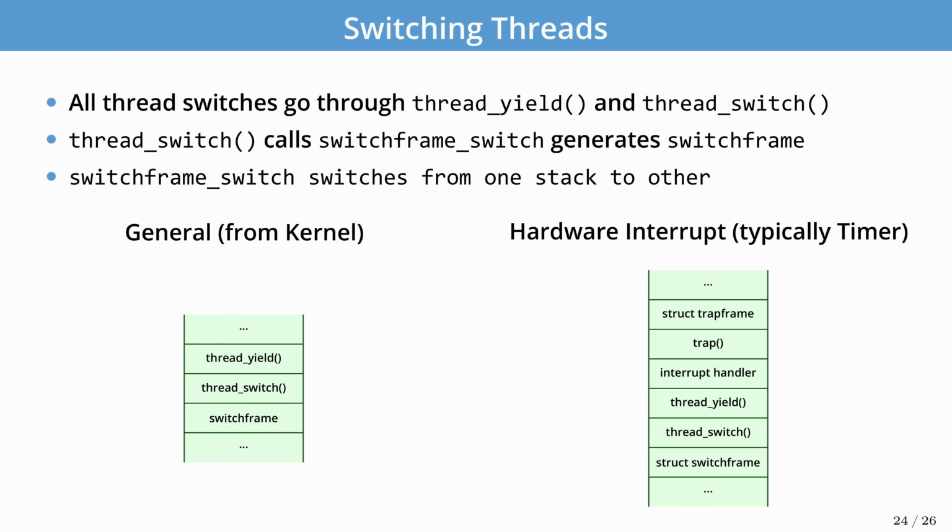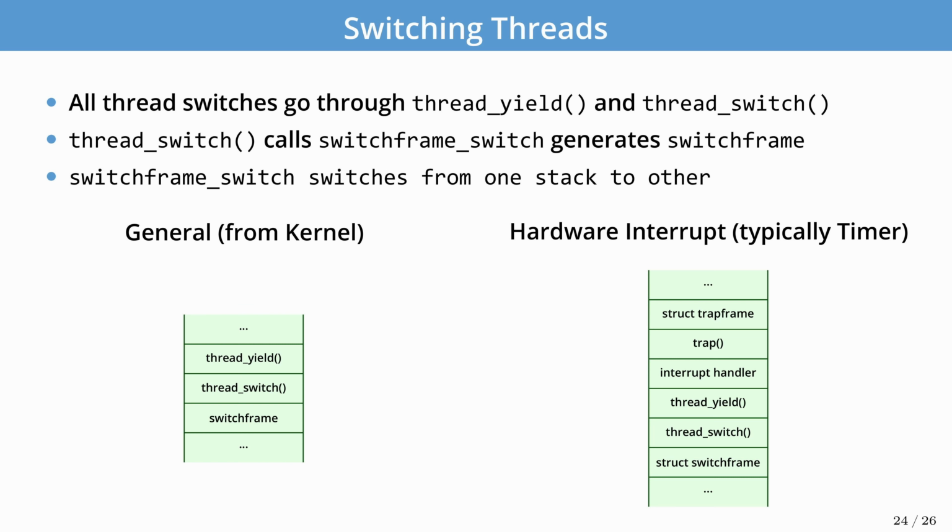The second way that we can end up in this same code path is through a hardware interrupt. We'll talk about hardware interrupts more when we talk about I/O and devices, but the basic idea here is that a hardware interrupt will trap to the operating system and give the operating system control of the system. The hardware will place basic information in the CPU registers, and the operating system will create what's called a trap frame that describes the state of the CPU before the trap.